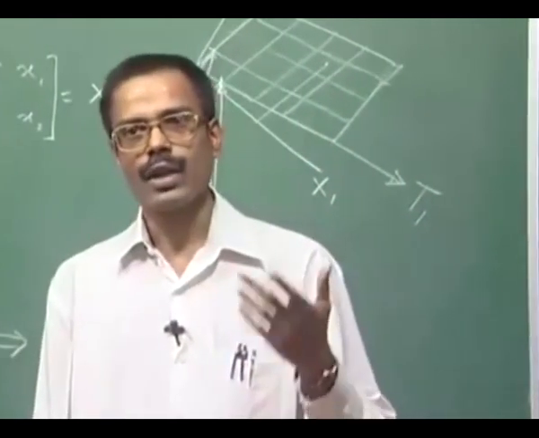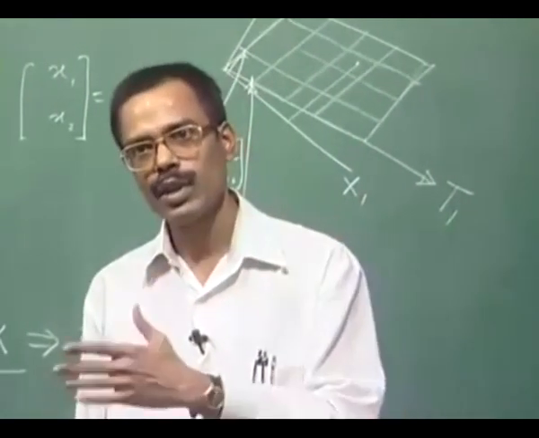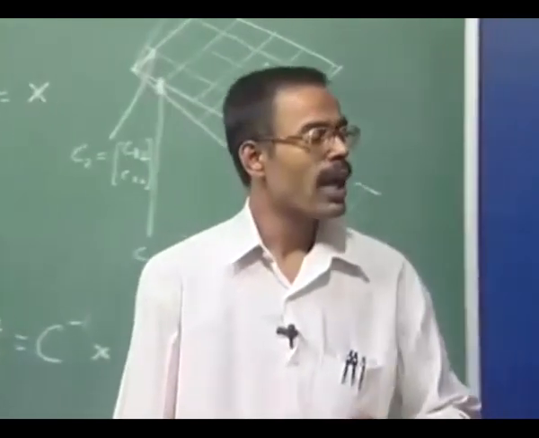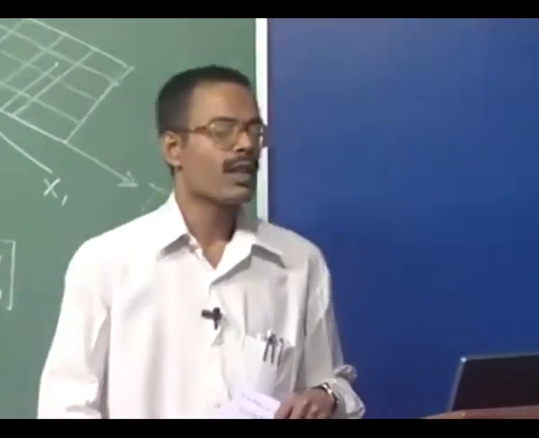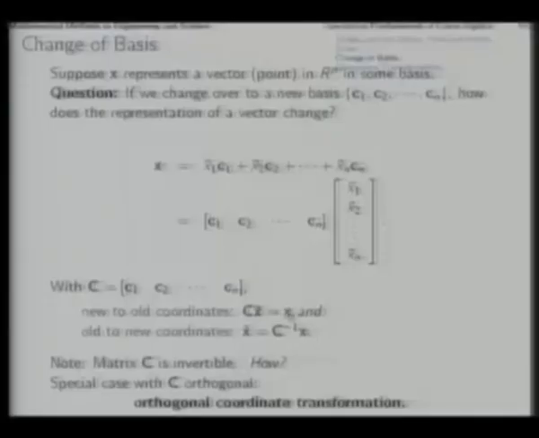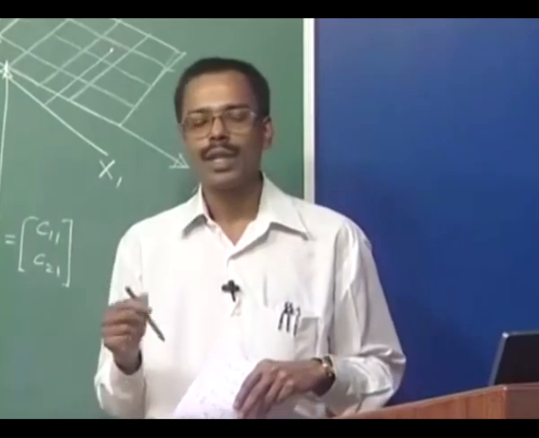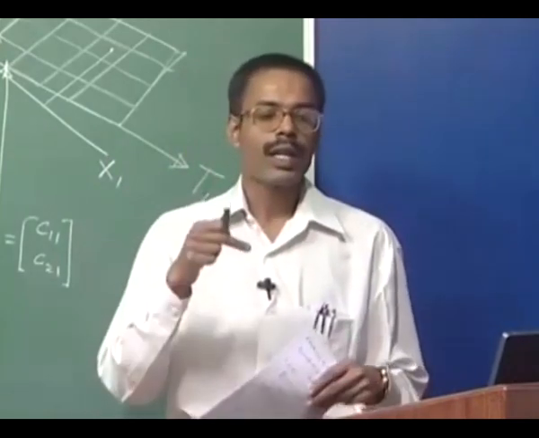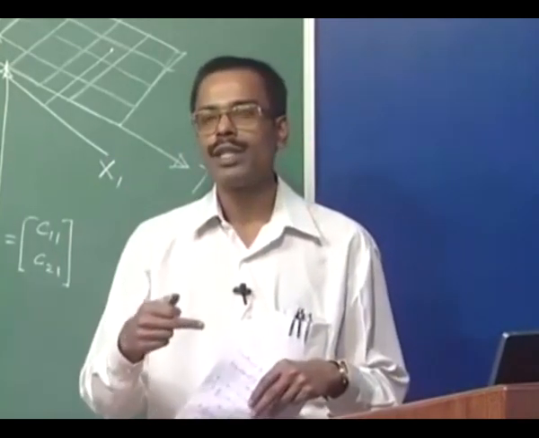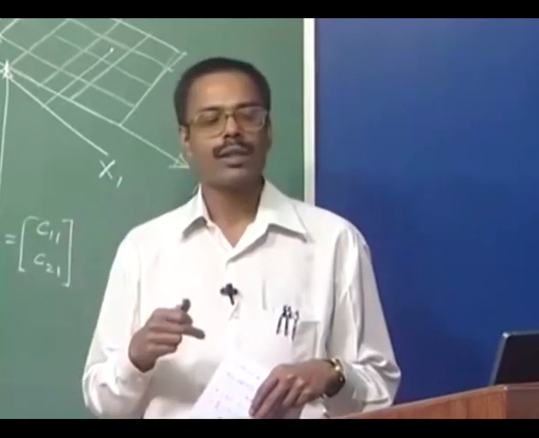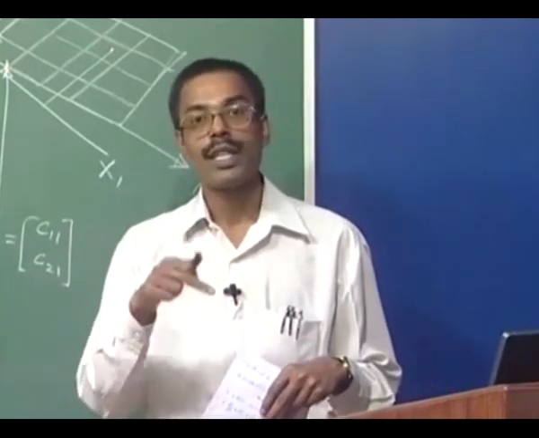The vector x in the old system gets represented as vector x bar, and the relationship between the old description and the new description is given by this matrix consisting of the basis members as its columns. Now, we ask how such a change of basis will affect the description of a linear transformation.